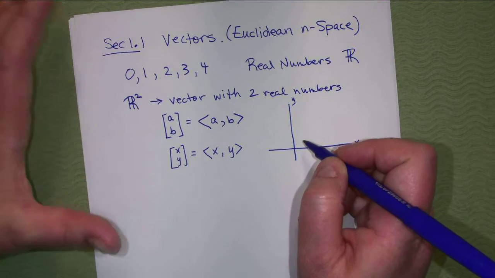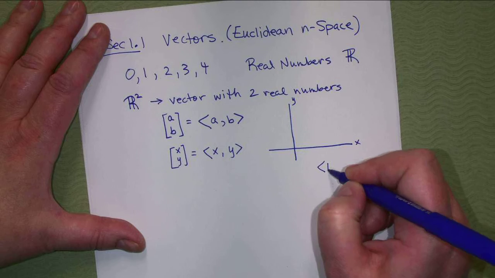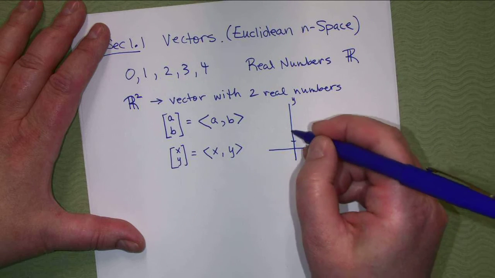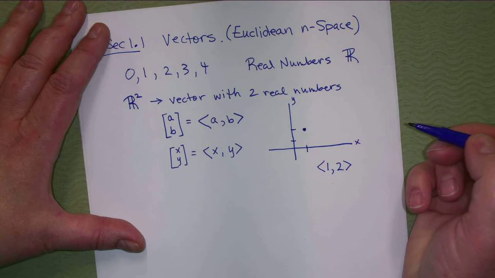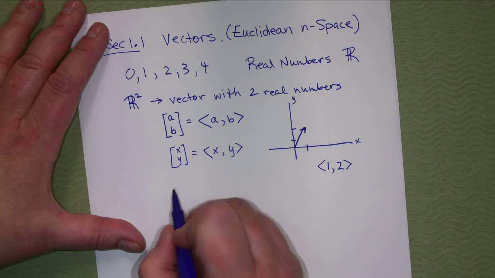But if we want to draw the vector, it's not a point. So if we wanted the vector 1, 2, we go 1 on the X and 2 on the Y. Okay, that would be the point 1, 2. The vector is a directed line segment.